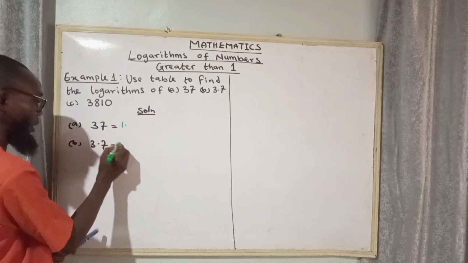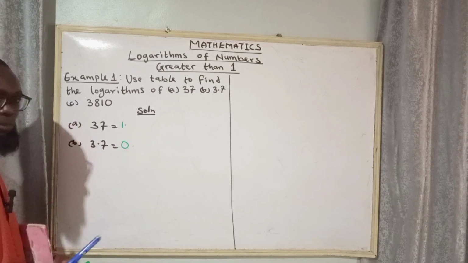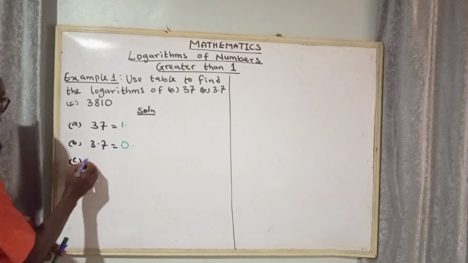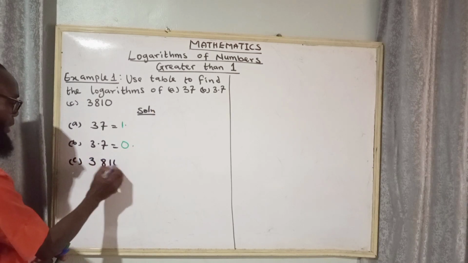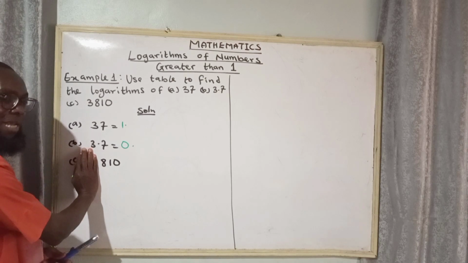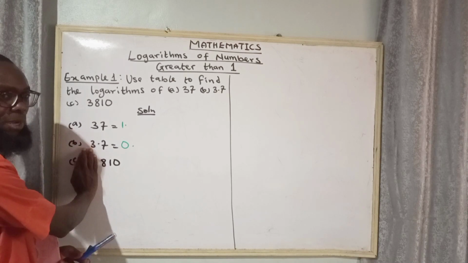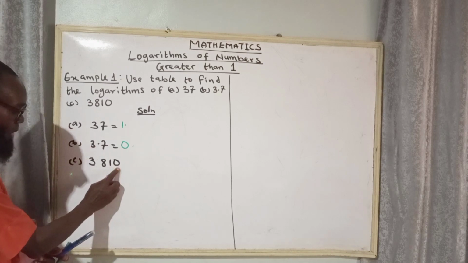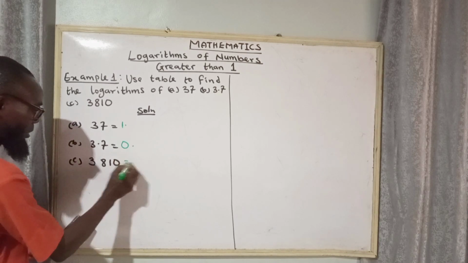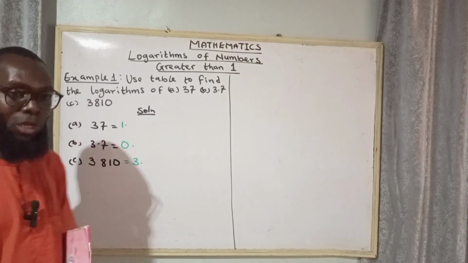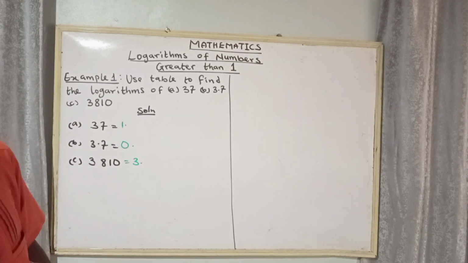I call that one 0 points. For C, we have 3,810. If I cover this 3 and count the number of digits at the back of this 3, I count 1, 2, 3. I have 3 points. Now, the next step is to find the logarithm of these numbers.